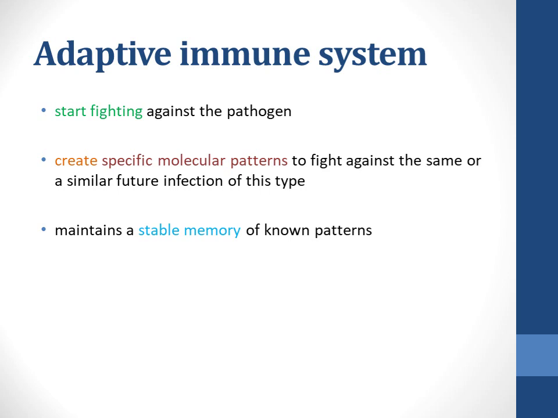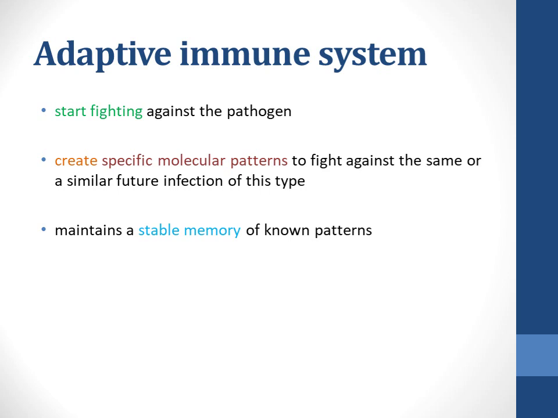Here the adaptive immune system will create a specific molecular pattern that actually fights against the entered type of pathogen. Its work is to analyze the pattern of the pathogen and create a specific pattern that will fight against those existing patterns. Once it is done, it will create a memory, and the new molecular pattern it has created will be stored in the memory.